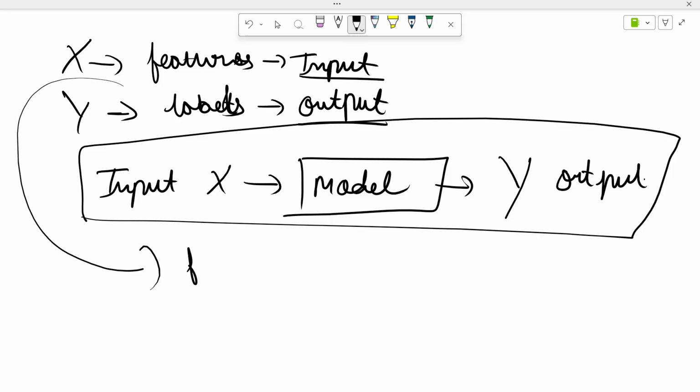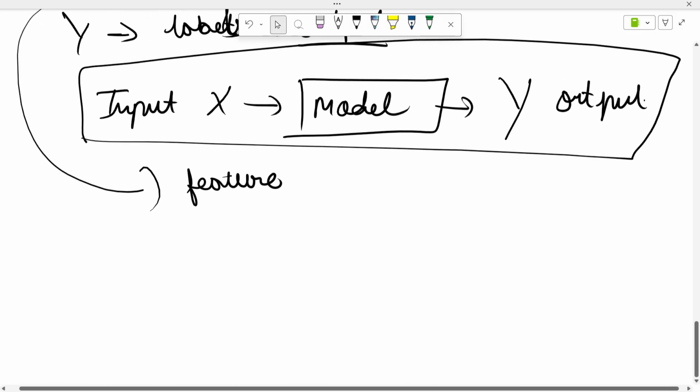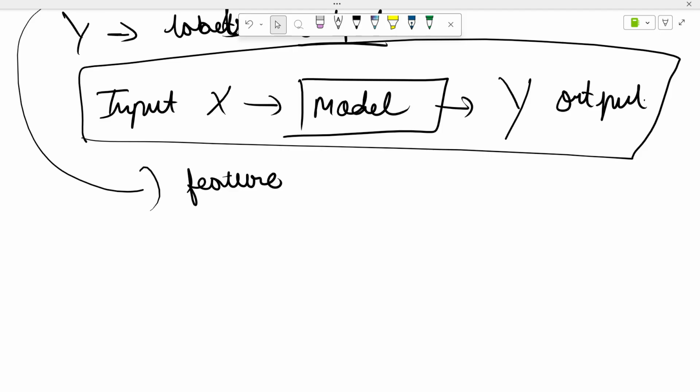Feature engineering is about how to combine features in the best combination such that it can predict the output with good accuracy. In that we apply some mathematics, some reasoning, we understand the data patterns, and we apply some feature engineering. That is known as feature engineering.